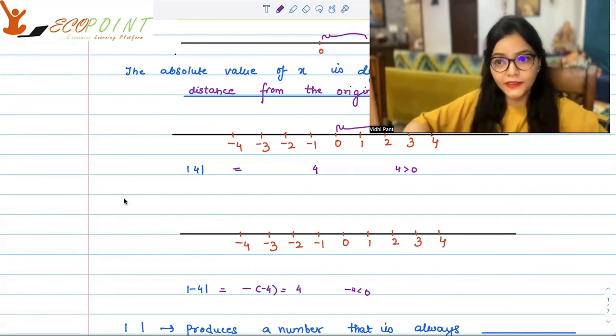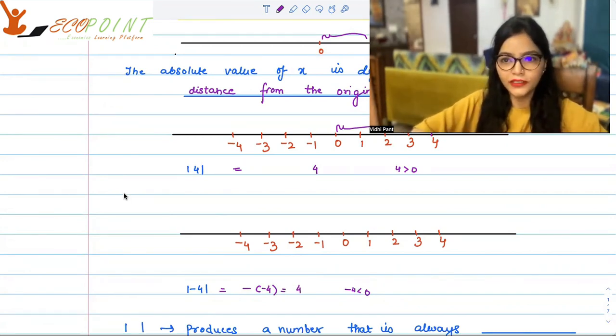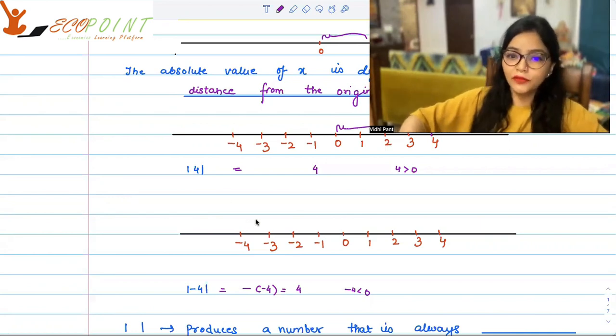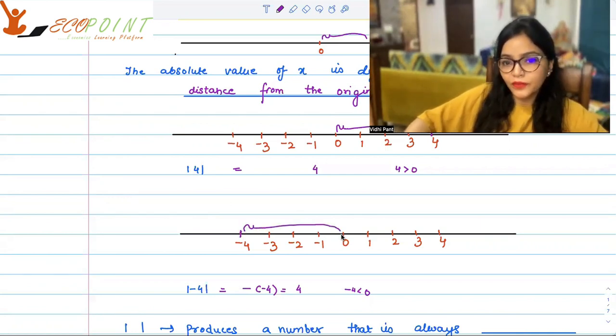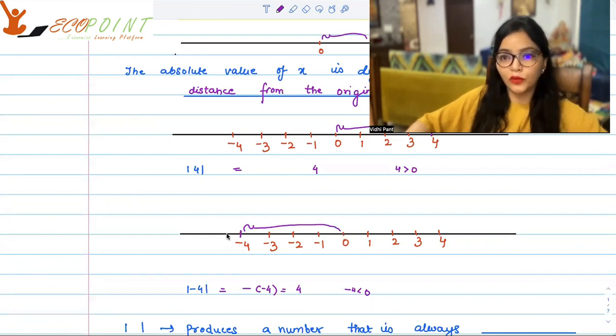Minus of -4 is just 4, right? So that's what, if you notice, is the distance between 0 and -4. The distance is 4 units, right? Whether it's centimeters or whichever unit we are taking in terms of number, then -4 and 0, the distance between them is 4 units.